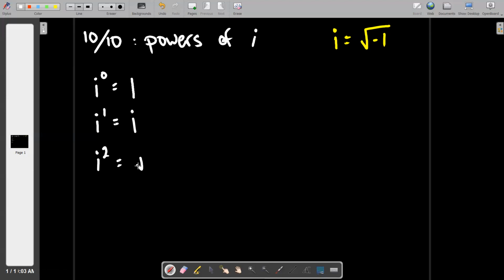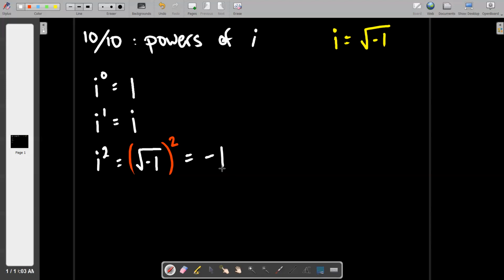So if I take the square root of -1, because that's what i is, and I square it, what happens when you square a square root? It disappears. And by it, we're referring to the radical, the square root sign. So i squared, being the square root of -1 squared, comes out to equal exactly -1.